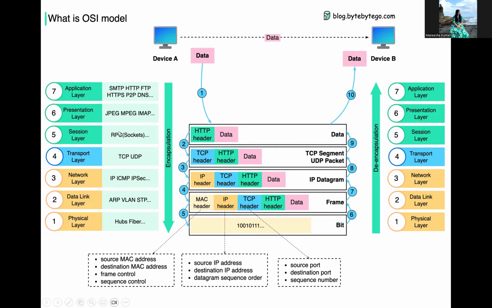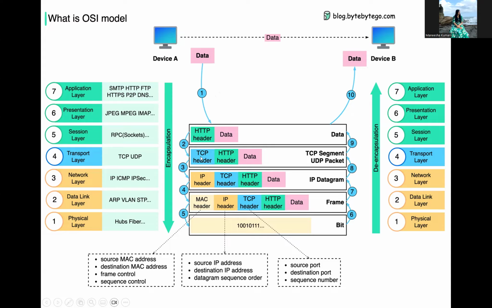where the data will form a session. It will decide when to establish and when to terminate the session. Then it goes to the transport layer, where TCP and UDP come into the picture. You can see the TCP segment here, and the UDP packet will be added. At every layer, encapsulation of the packet happens.